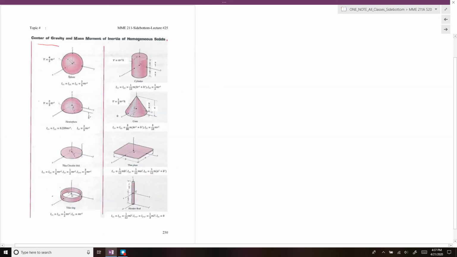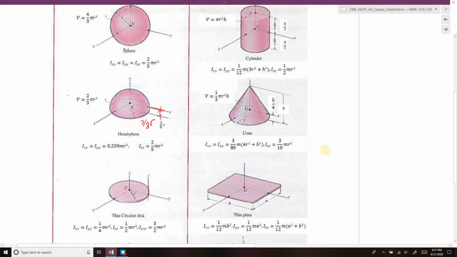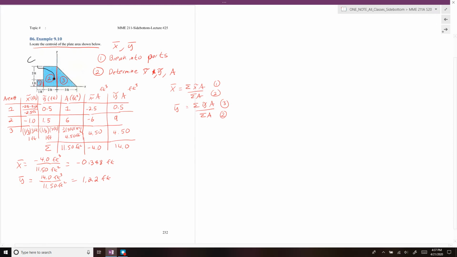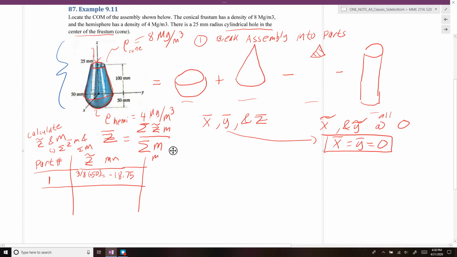For a hemisphere, z tilde is equal to this distance here, which is 3/8 times r. So it would be 3/8 times 50 millimeters, and it's along the negative z-axis here, so it'd be equal to minus 18.75 millimeters.